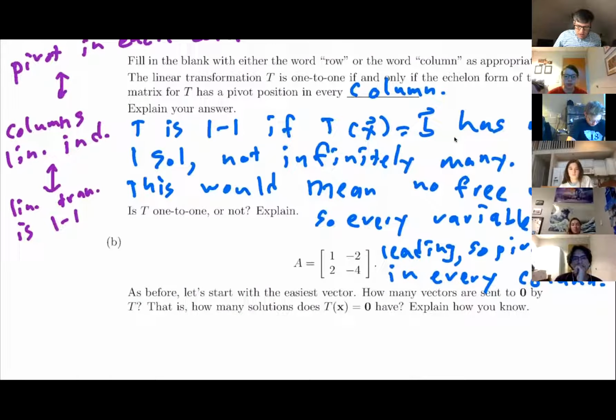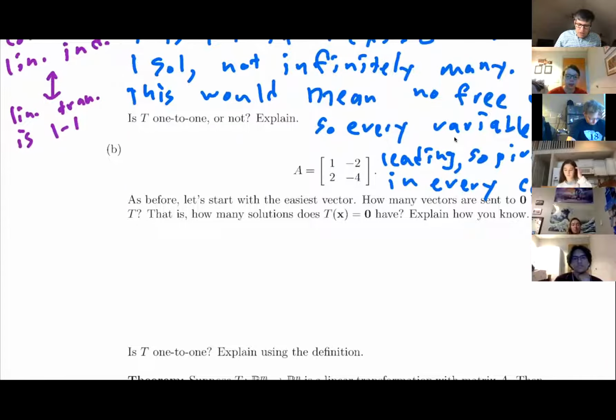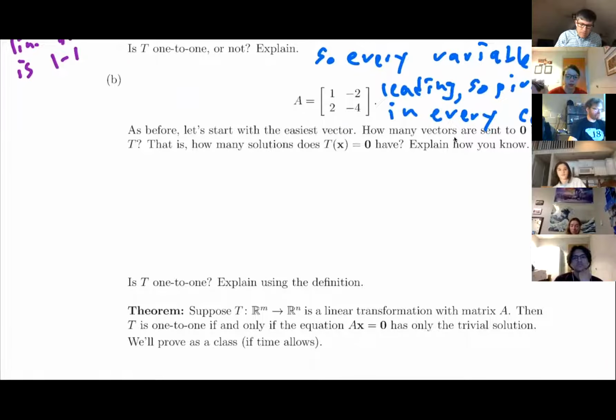Okay, so we have another matrix here, this matrix A, and we are thinking about whether this gives a one-to-one linear transformation as well. The first question is, how many vectors are sent to 0 by T? Another way to say it: 0 is my output, and the solutions would be my inputs that go to 0.